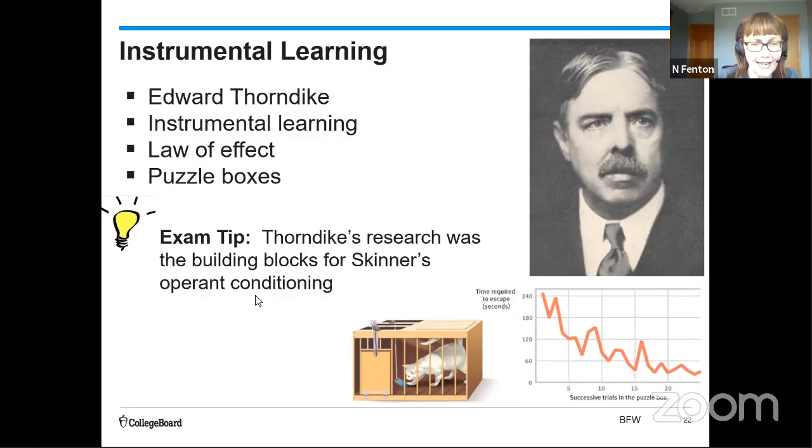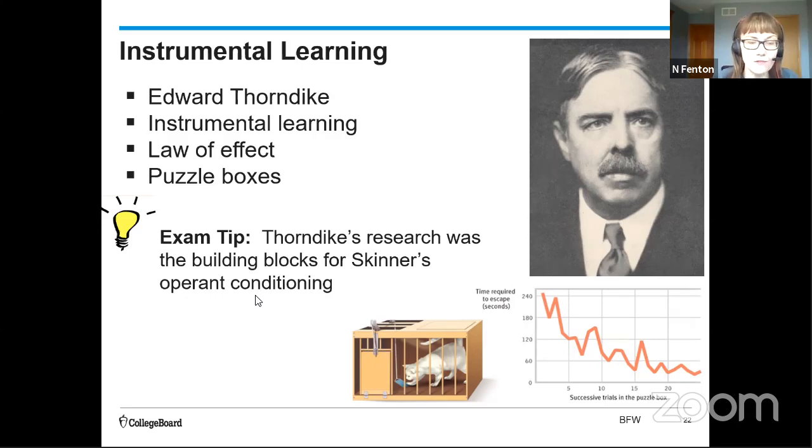His law of effect, okay, so he discovered this by studying cats, and he put a hungry cat in a puzzle box, and the cat had to learn how to escape. And if you look at that graph of the successive trials in the puzzle box, the cat would find its way out, he'd put the cat back in. So over successive trials, the cat was able to escape faster because the cat was kind of streamlining its responses.